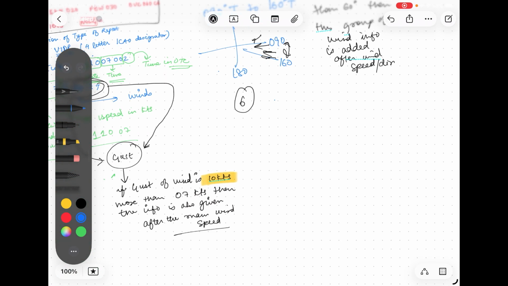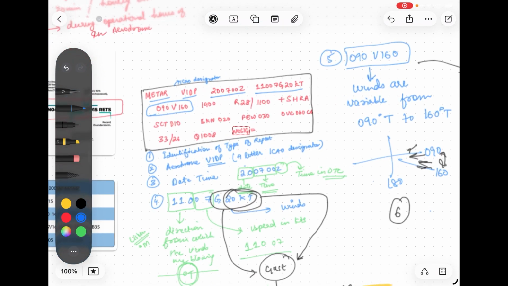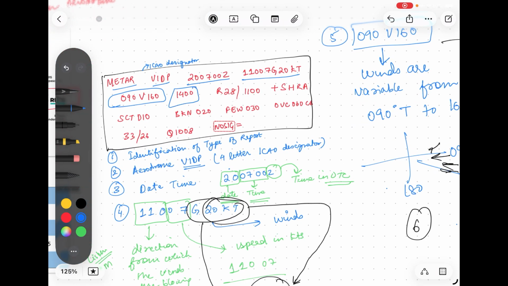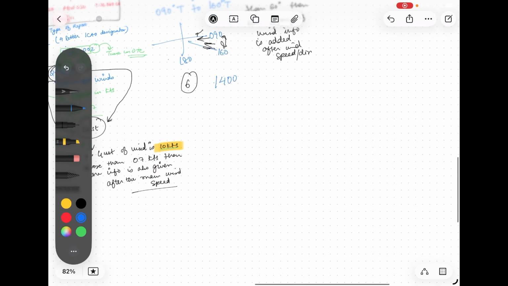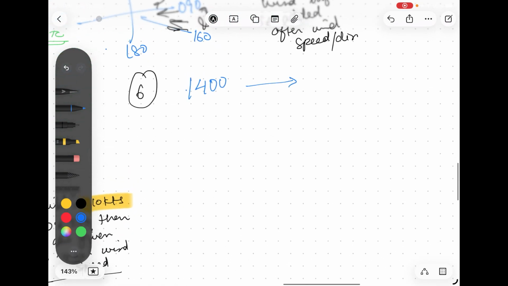Now we come to the 6th part. What is next written here? 1400. When you see a number like that, that is nothing but representing visibility. It could be 5000, it could be 6000. The visibilities are written up to 10 kilometers, which is basically 10,000, right?